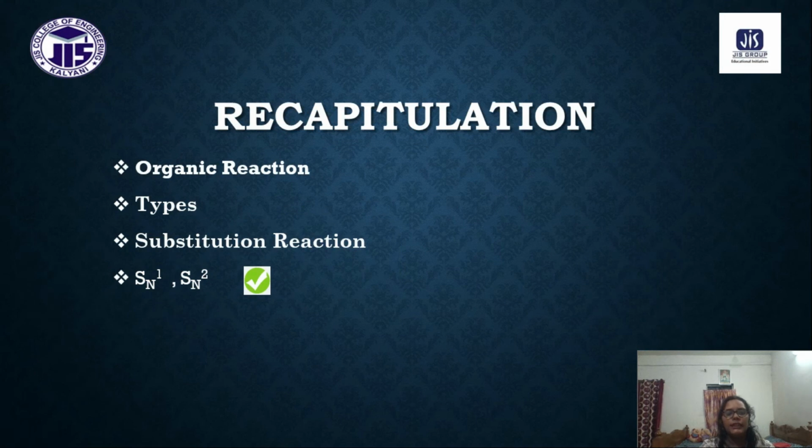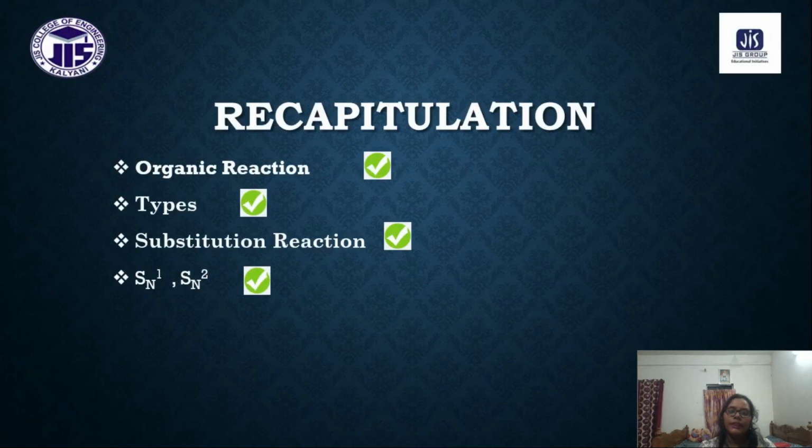Now a recapitulation of the topics we have covered today. We have seen organic reactions and the types of organic reactions. We discussed substitution reactions and their types: SN1, nucleophilic substitution unimolecular, and SN2, nucleophilic substitution bimolecular.